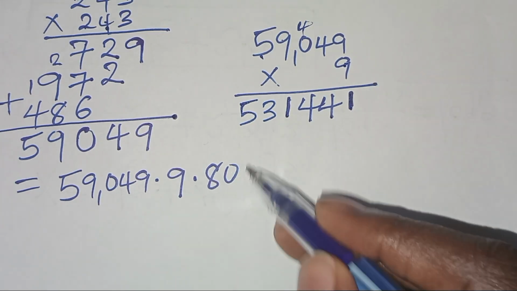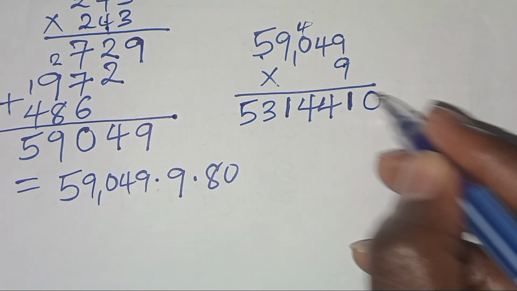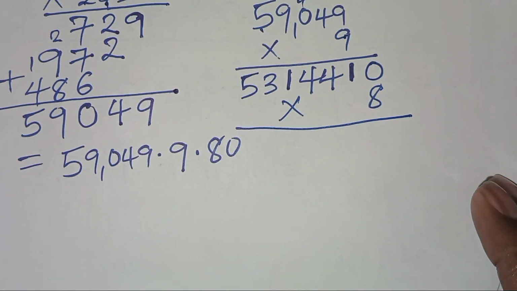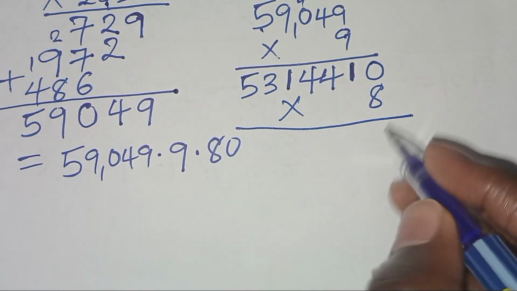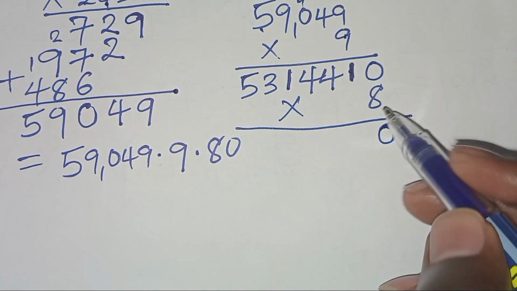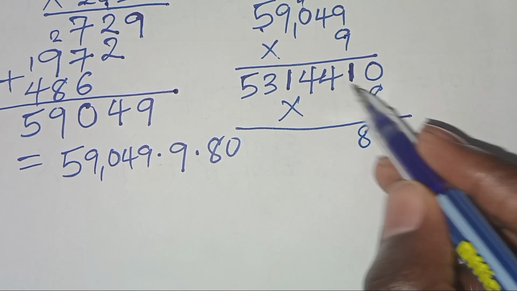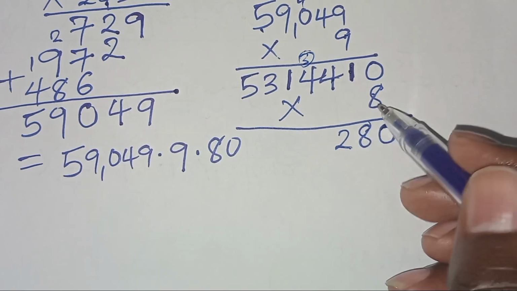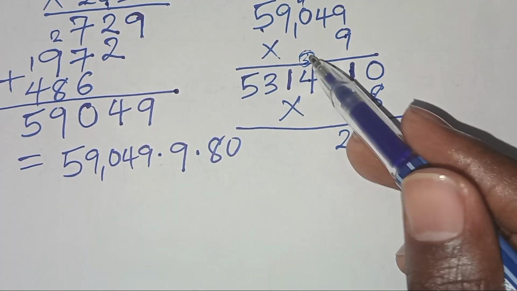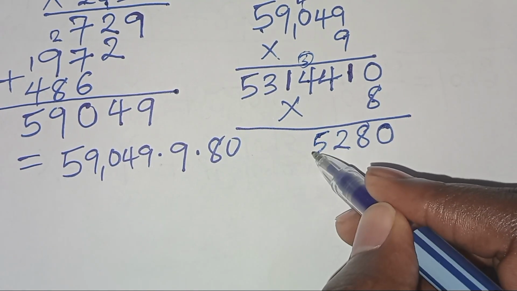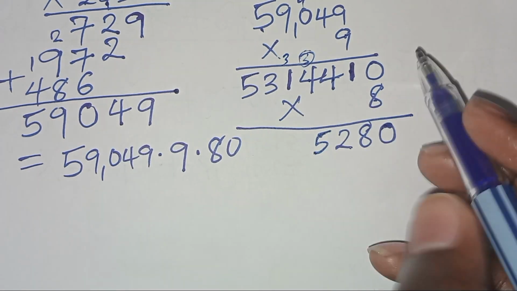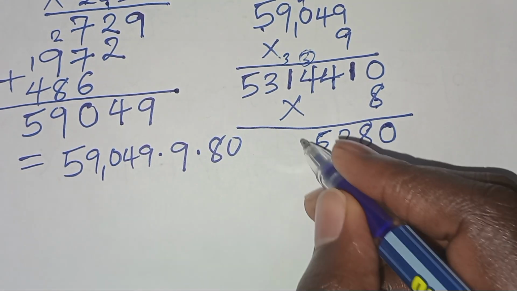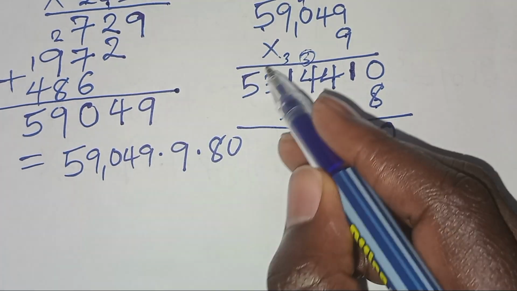Then multiplied by 80. So let's multiply here by 80. So here we have 0 times 8, which is 0. 1 times 8, this is 8. 8 times 4, this is 32. 2, carry 3 here. Then 8 times 4 again, this is 32 plus 3, which is 35. So carry 3. Then 1 times 8, this is 8 plus 3. This is 11. So 1, carry 1 here.